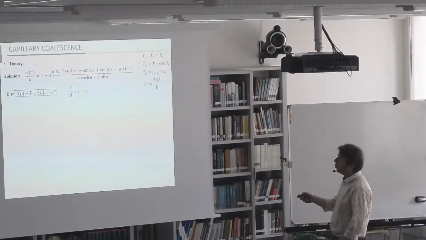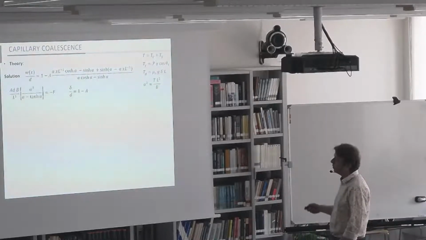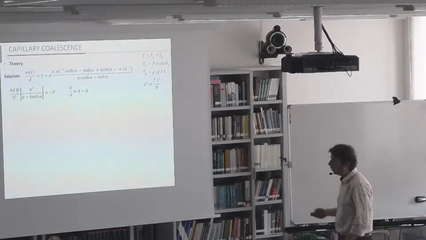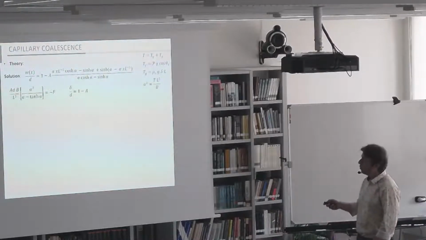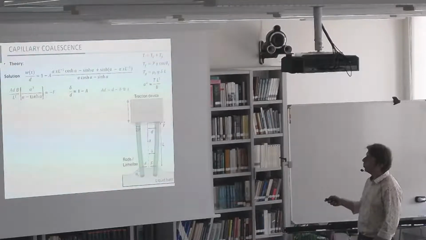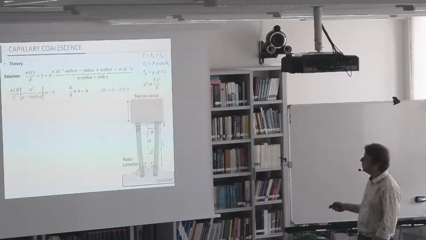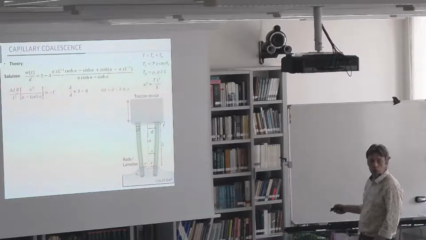Now, if I substitute W into this expression, I get this. And now you see that you have the product A times D, and actually A times D, from this definition, is just D minus delta. D minus delta is just the displacement of the free end of the structure at the air-liquid interface.